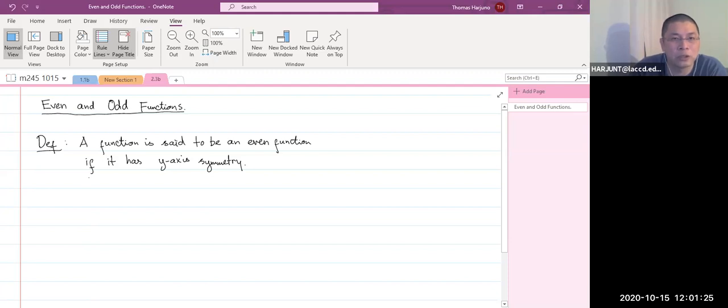It is said to be an odd function if it has origin symmetry.